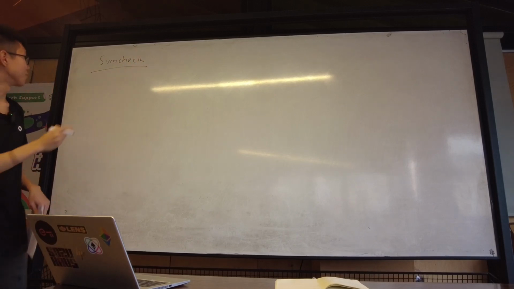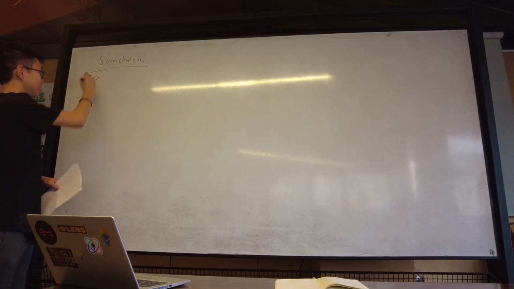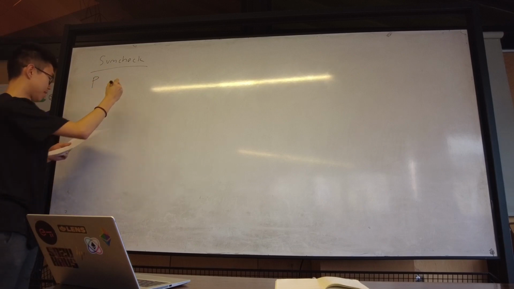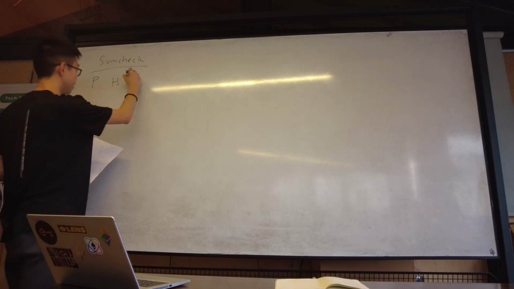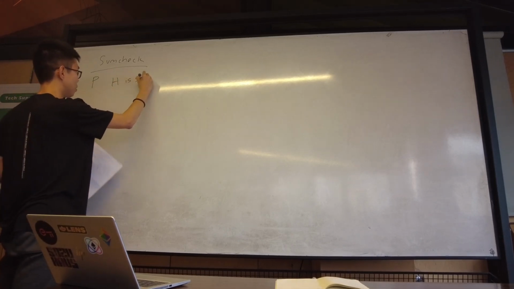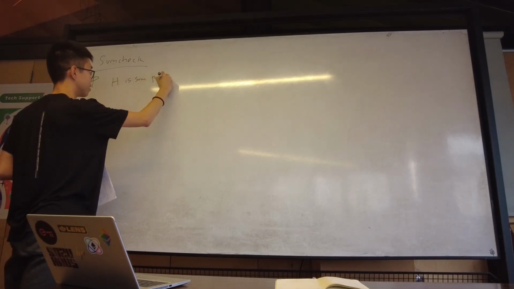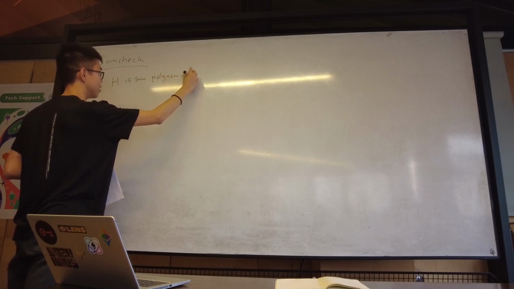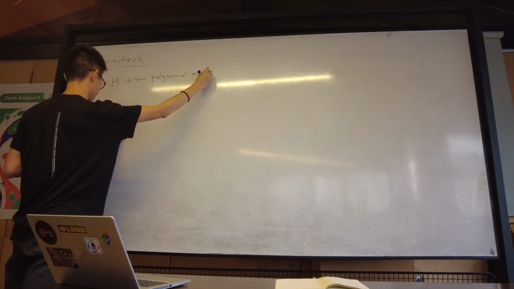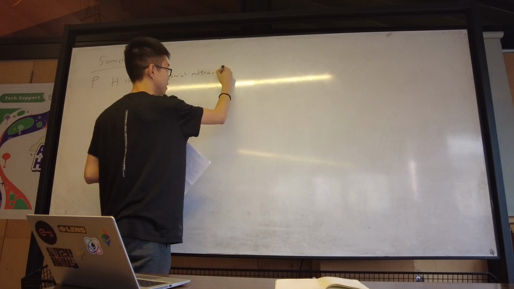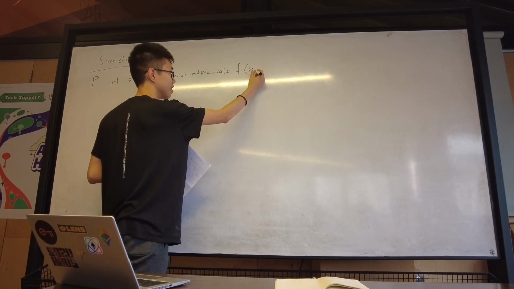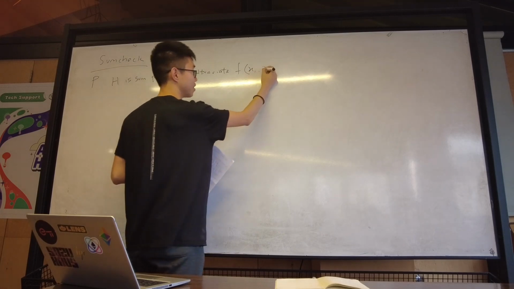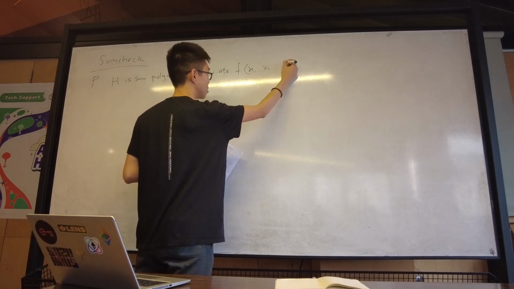So I guess the motivation is that prover P wants to prove that H is a sum of a multivariate polynomial. So let's say it's a multivariate f, where we could have f of x1, x2, and multiple x.